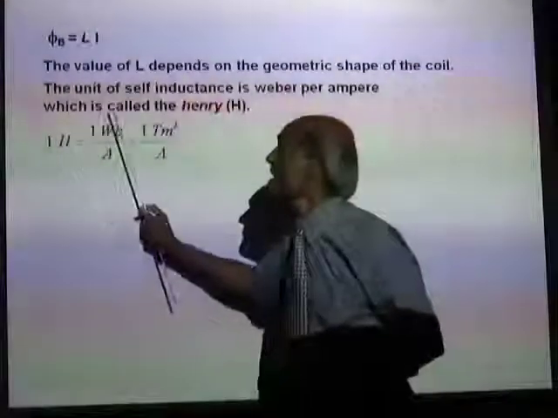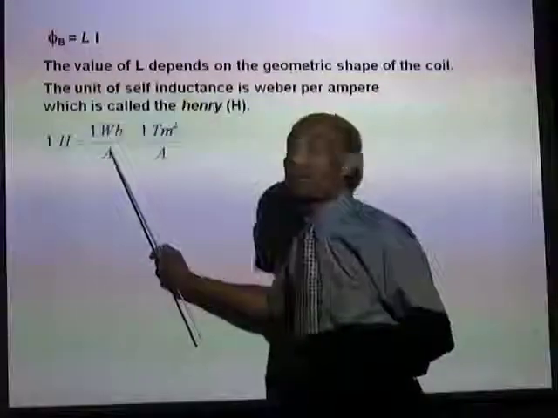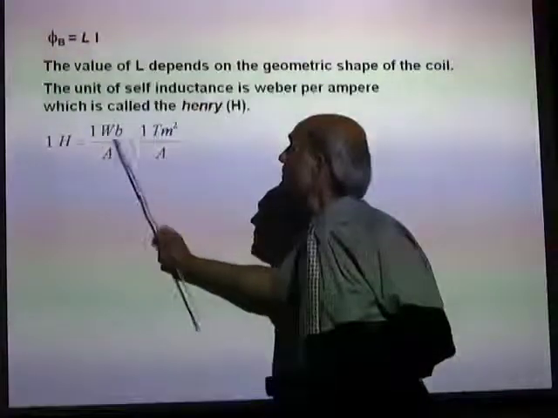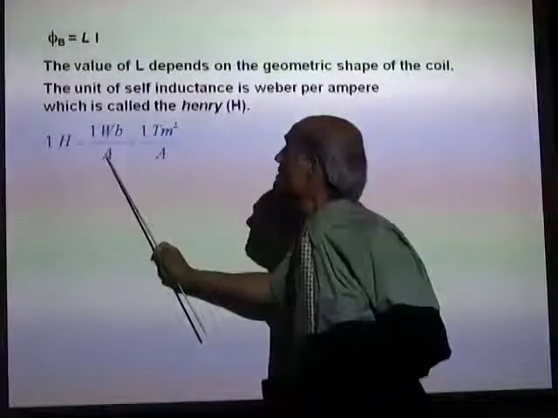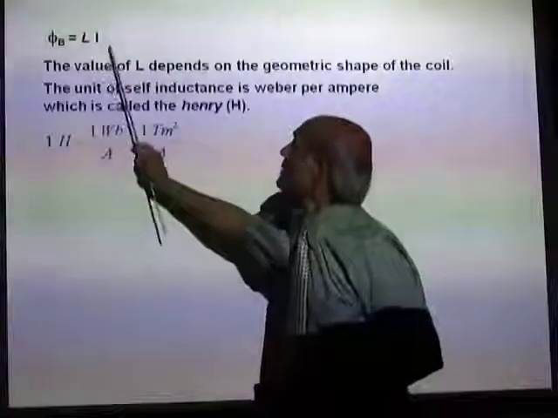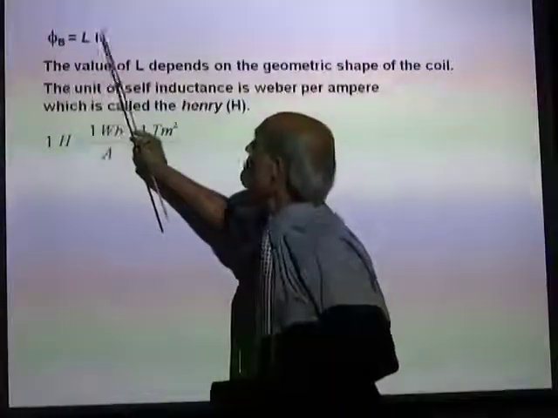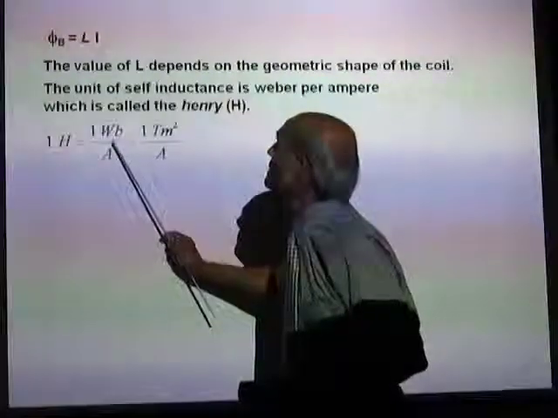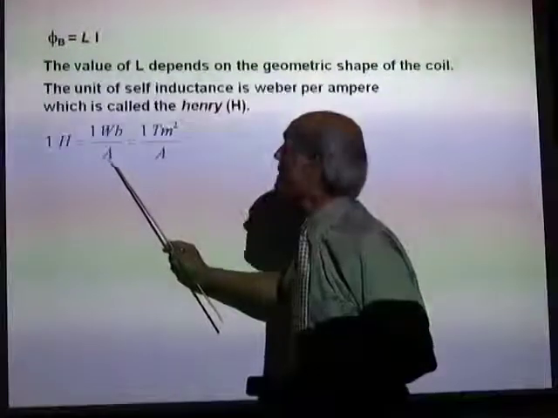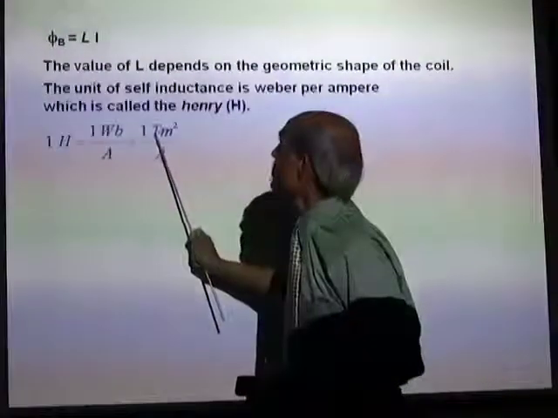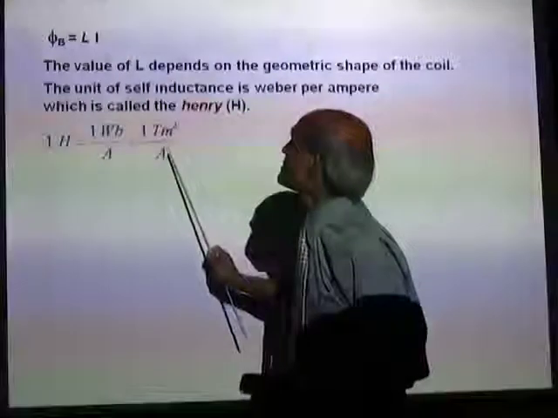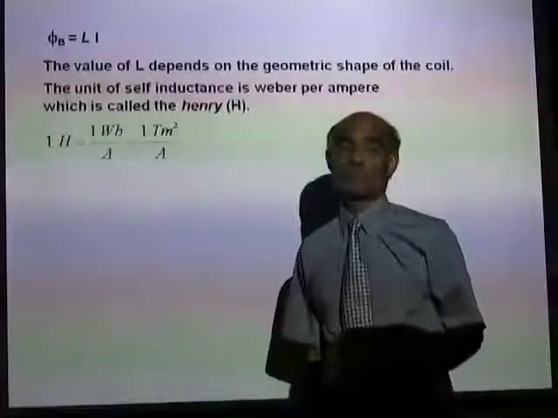1 Henry is 1 Weber divided by 1 ampere, since L equals phi B over I. And that is the same as 1 Tesla meter squared per ampere.